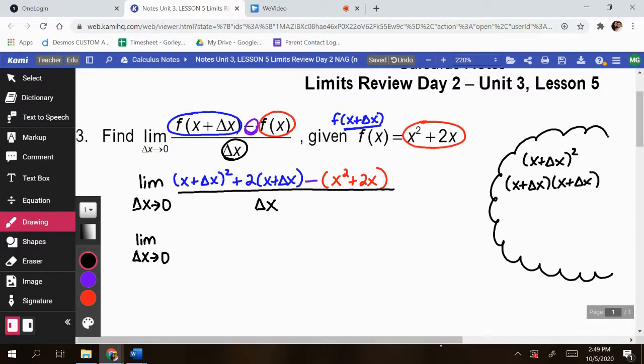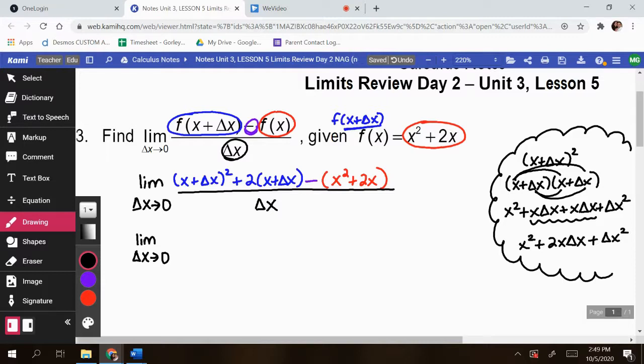So if I were to distribute, we would get x times x is x squared, outer times outer is x delta x, inner times inner is another x delta x, and last times last is delta x squared. So in the middle I actually would end up with 2 of those x delta x's.